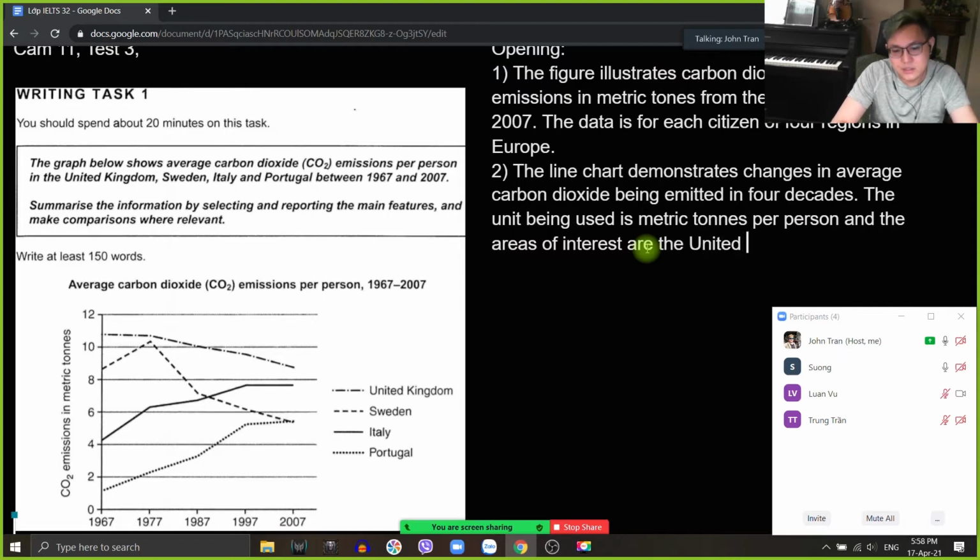Remember, United Kingdom is made out of 4 different countries, so you must have the before that, okay? Cái nước Liên hiệp Anh được tạo thành từ 4 cái nước nhỏ hơn. Cái khối Liên hiệp Anh được tạo thành bởi 4 nước nhỏ hơn, cho nên các bạn có the đằng trước nha. The United Kingdom, Sweden, Italy and Portugal.